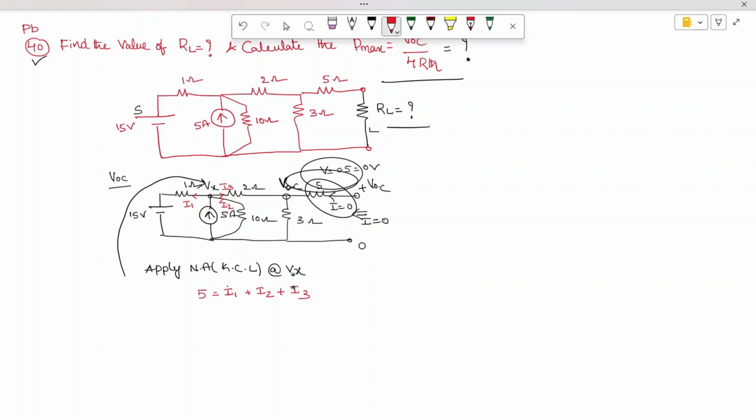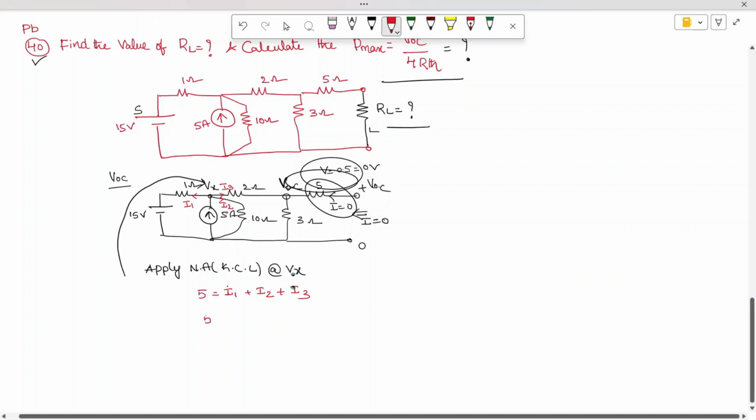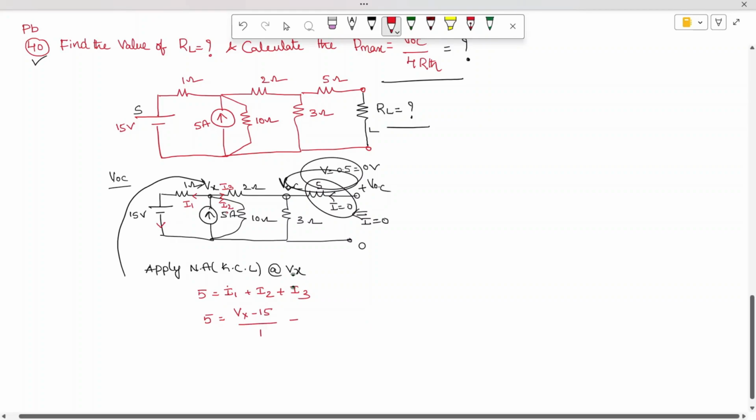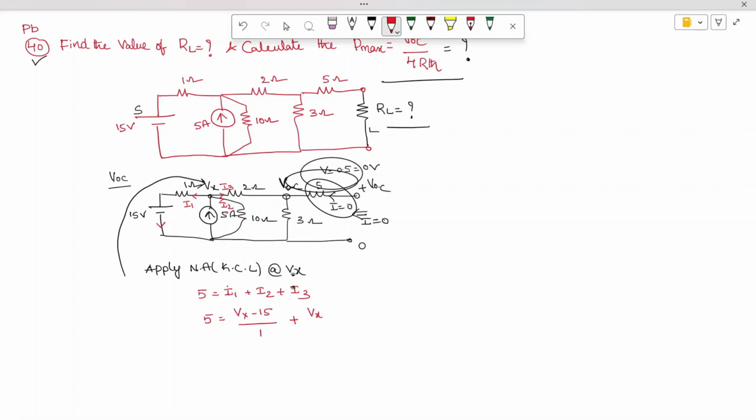So when you solve it, 5 is equal to, how to write I1? Vx minus 15 divided by the R value, which is 1. How to write the current I2?